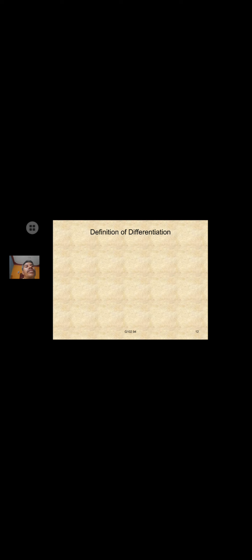Definition of differentiation. Let y equals f of x and consider it as equation 1. Let delta x be a change in x and delta y be the corresponding change in y.